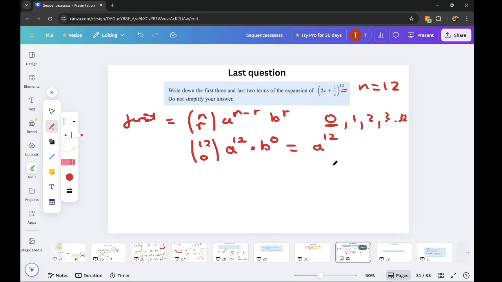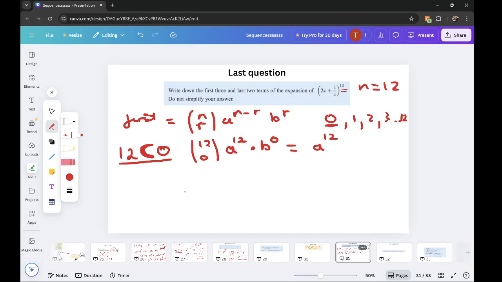Now when you're plugging into the calculator, you have to put 12 C 0, using this C button. You cannot put it like this, so you have to put it like this in every single calculator that you use. If you do not know how to put C into your calculator, search it up, you'll find it online. It's different for every calculator, so I cannot tell you how my calculator works.